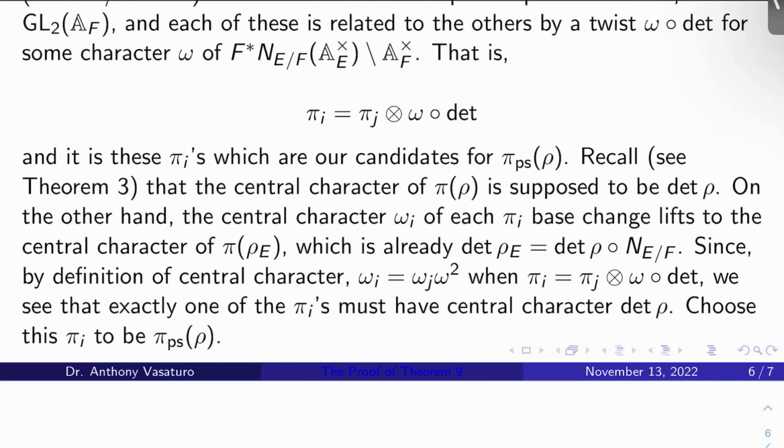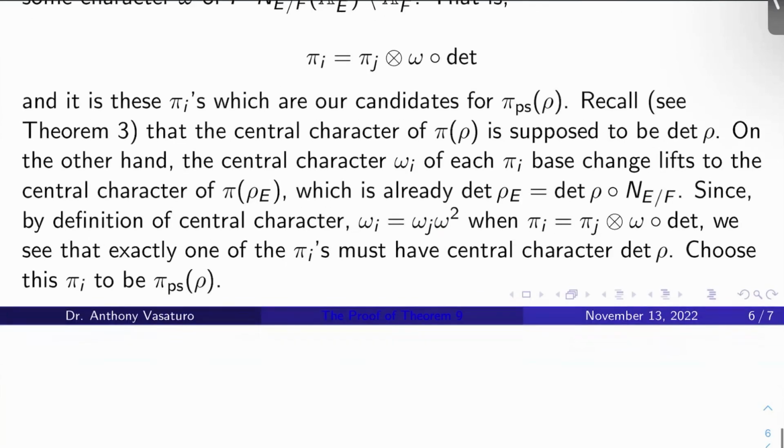So the fact that I lift to the determinant tells me that at least one of the pi_i's must have central character det rho. And then this relationship here tells me that exactly one of the pi_i's must have central character det rho, because no 2 of them can have the same central character because the central character of one is essentially a twist by omega squared of the other, right? Okay, perfect. That's exactly what I want.